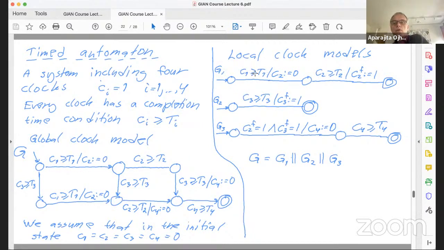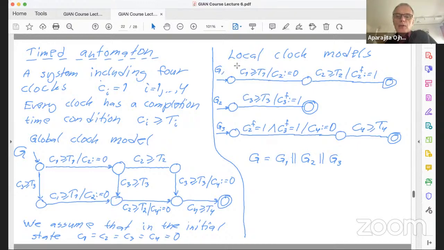But there could also be logical constraints or conditions saying that C1 could also be constrained by another constraint, and that means that in practice it will take some extra time before this condition is satisfied.